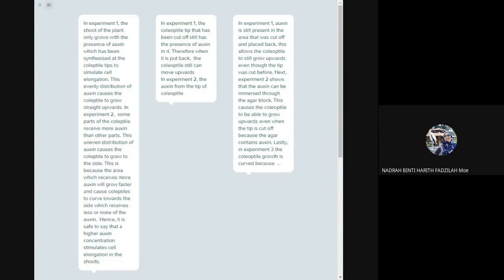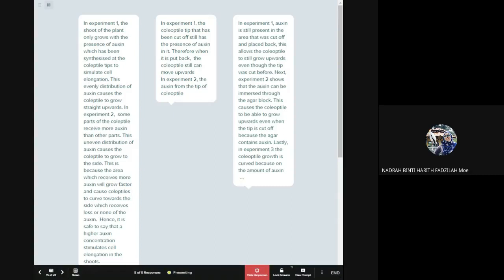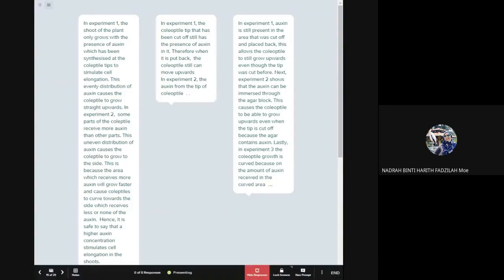Okay, very good. Let's see here what you have. What are your ideas? Okay. So untuk nombor 1, eksperimen 1, dia punya conclusion ialah auxin is produced atau synthesized in the coleoptile, number 1.